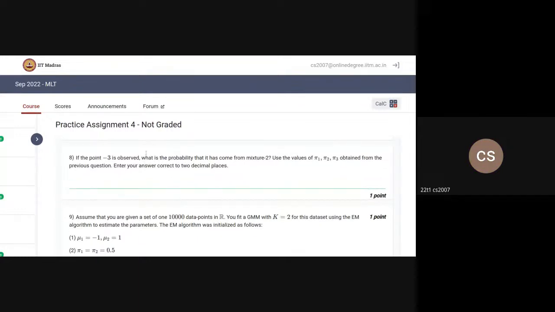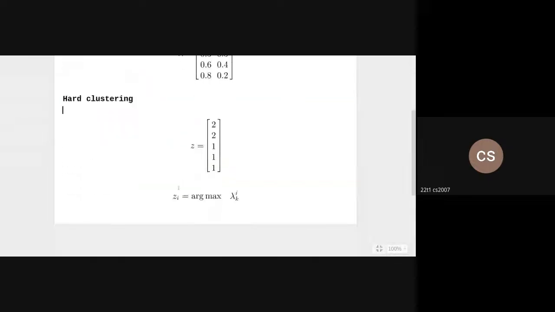This is just Bayes rule, right? So we are asking P of Z equal to 2 given X equal to -3. So what is P of Z equal to mixture 2 given the data point X equal to -3?